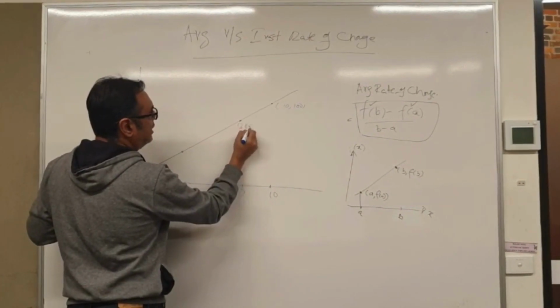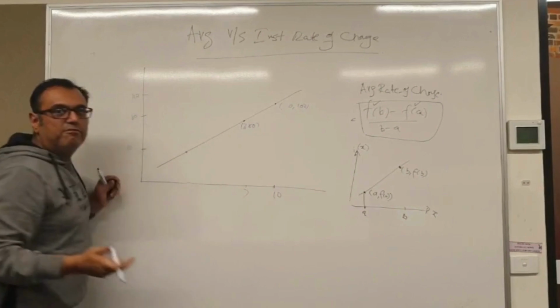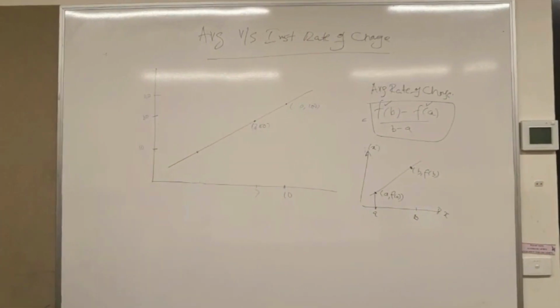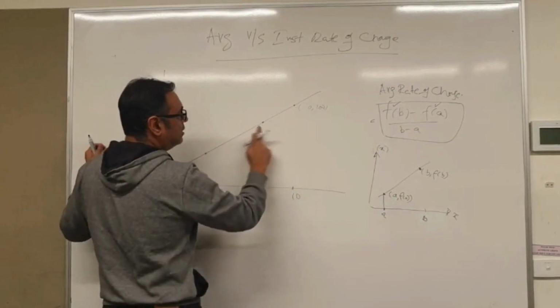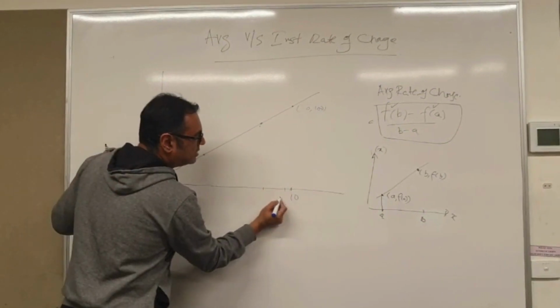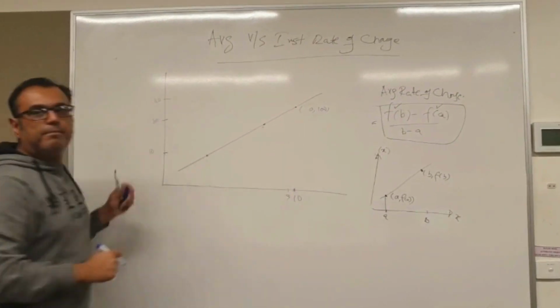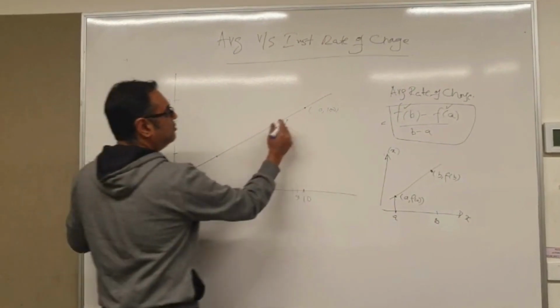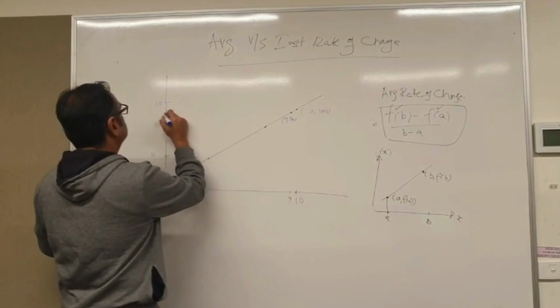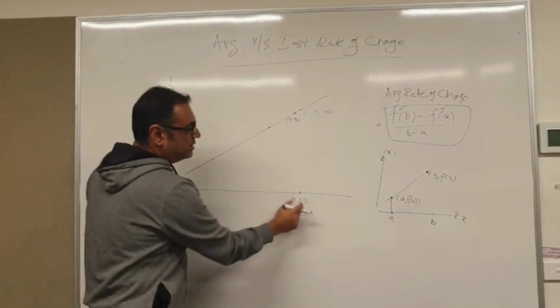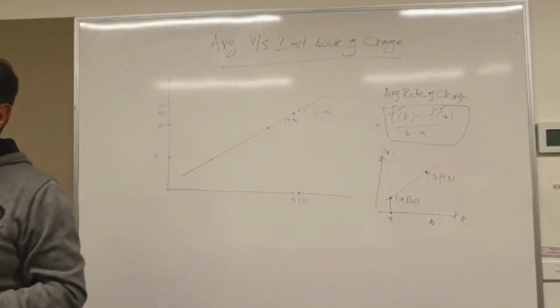This is 7, 80. You can still find the rate of change. This is also average. Let's try to push it even closer to 10. I say 9. So this point comes here. So let's say 9, 90. You can still find the change, right?